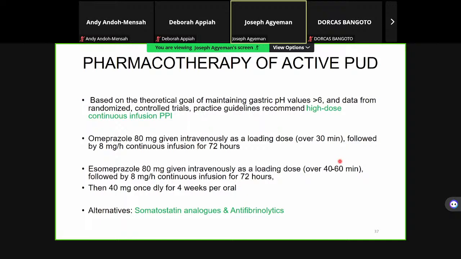So we protect the PPIs by coating them. We give them as enteric coated preparations so that they can dodge the stomach and get into the small intestine for absorption.